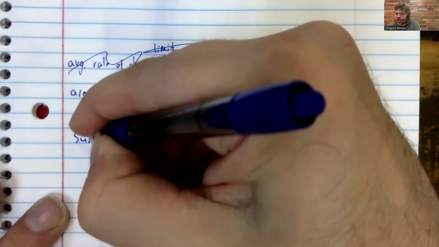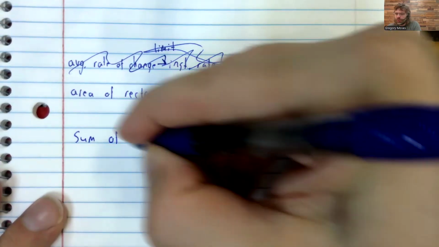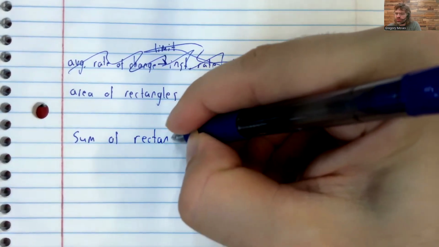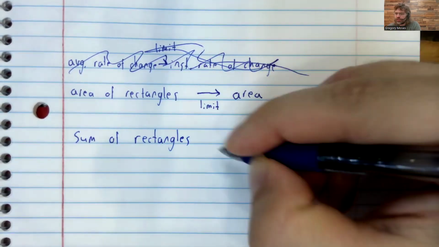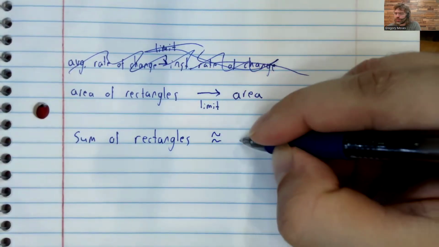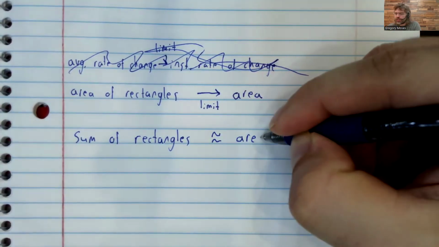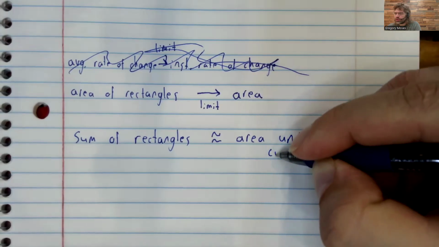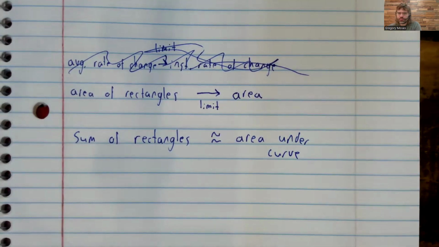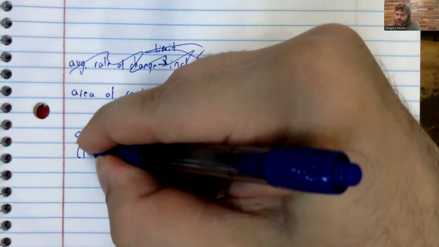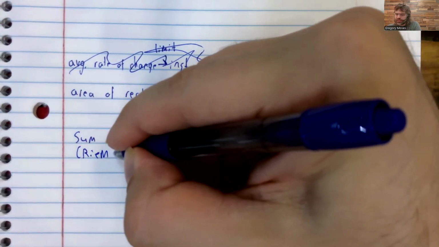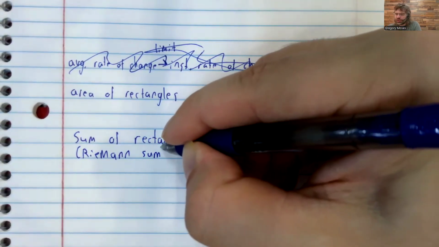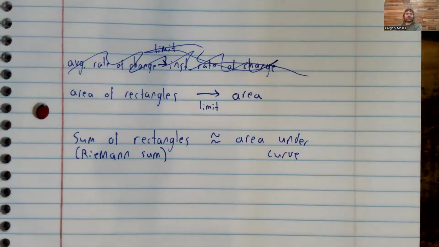And this sum of rectangles is approximately the area under the curve. This sum of rectangles has a name. It's called the Riemann sum.